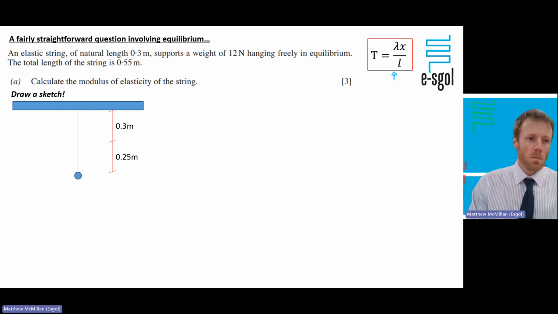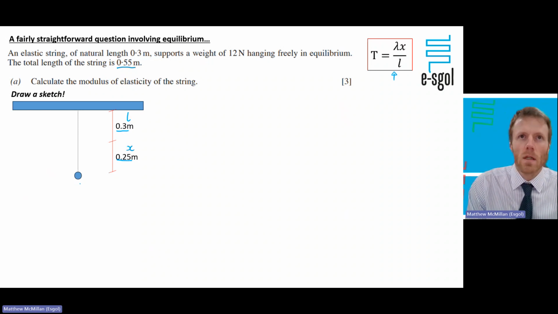It's really easy though. I'd be very surprised if they gave you one that was this easy. But drawing a little sketch can help, because here we've worked out that our natural length, L, is 0.3, and the extension, X, is 0.25. The total length of the string helped me work out the extension.